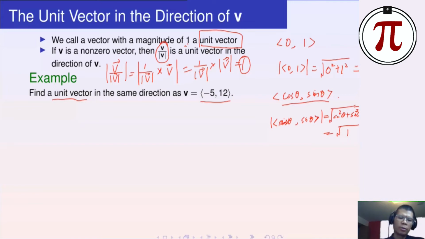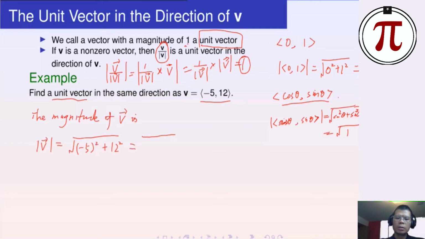The magnitude of v equals the square root of 25 plus 144, which equals 13.